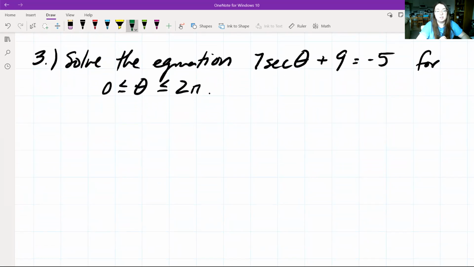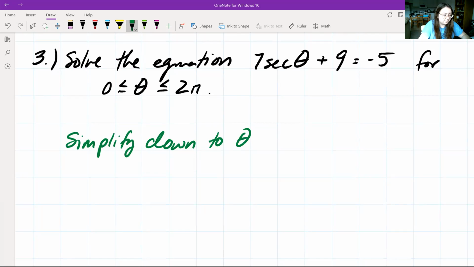So we need to simplify down to theta as much as possible. We have an entire equation here, so let's start by simplifying.